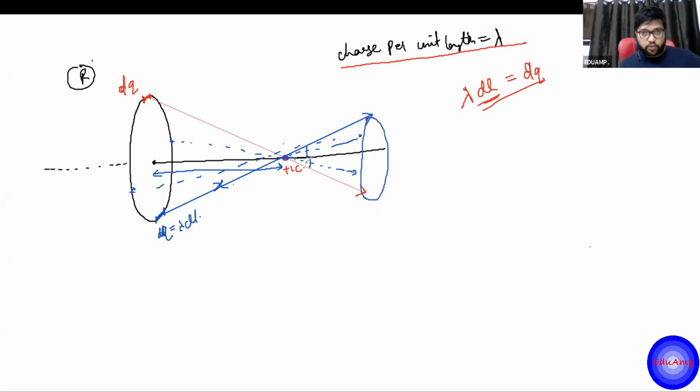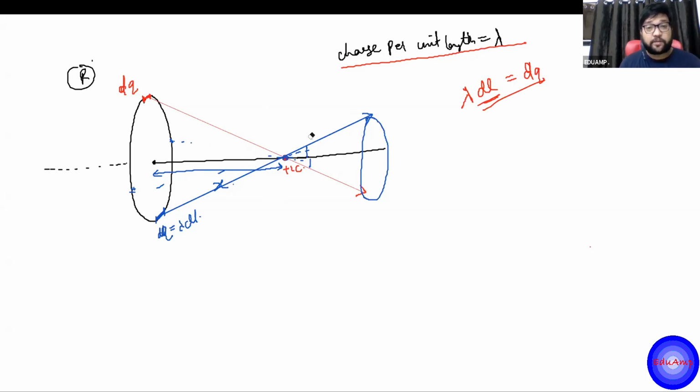Now we have to find the resultant of all these forces. I hope you are getting it. If someone is not getting it, please tell me, I'll explain once more. But I think this can be visualized easily. Fine, let's not make it clumsy.